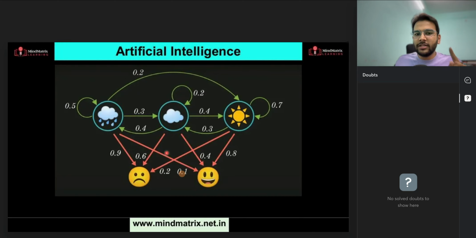Like this you can read it. Similarly, if it is cloudy, there is 0.6 probability that he is sad, and if it is cloudy, then 0.4 is the probability that the mood is happy. So like this you can understand. Yes or no? Is this clear, this entire graph? Anybody here who is having confusion in this graph, just let me know once. Simple, right? If you have attended the Markov chain lecture, then you can easily understand this.